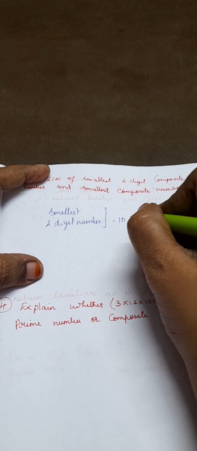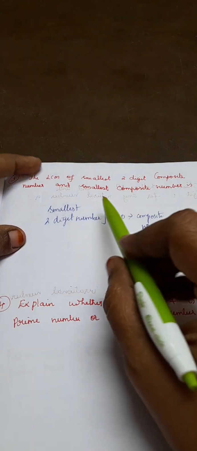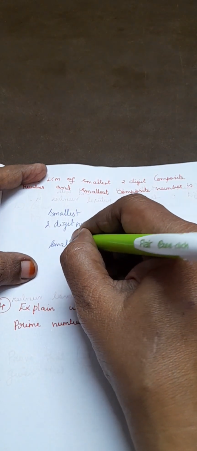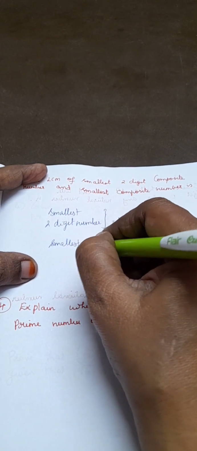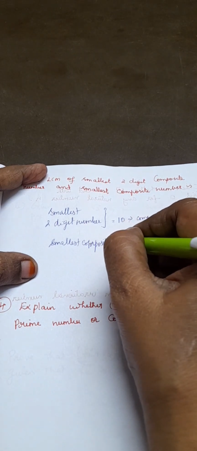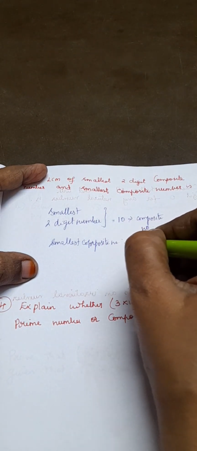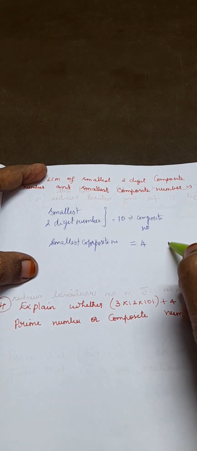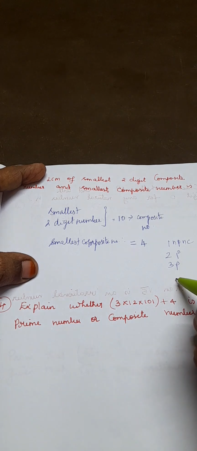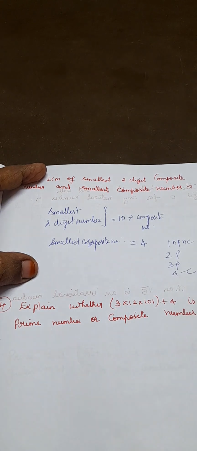And the smallest composite number, you all know, is 4, because 1 is neither prime nor composite, 2 is prime, 3 is prime. So 4 is the smallest composite number, right?